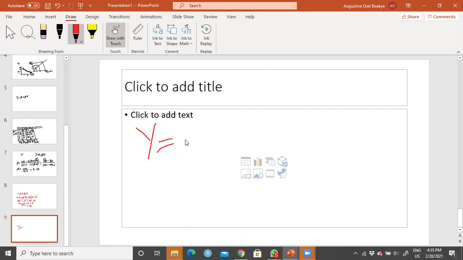What is the beta value? What is the alpha value?